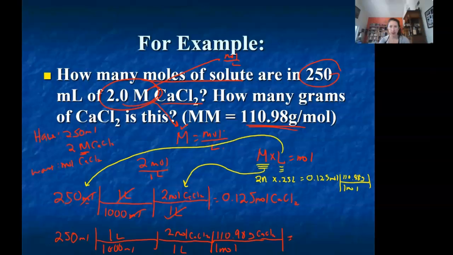I got, it's supposed to be 0.5 moles. 50 times 2 divided by, you're right, it's supposed to be 0.5 moles, not 1.25 moles.